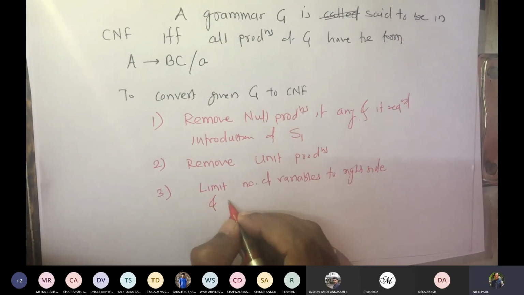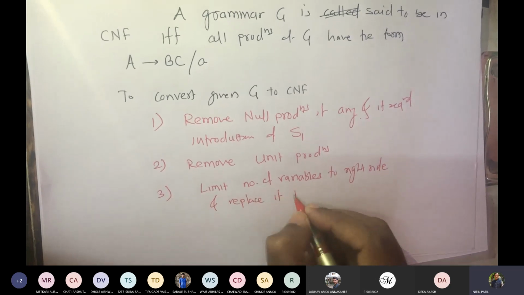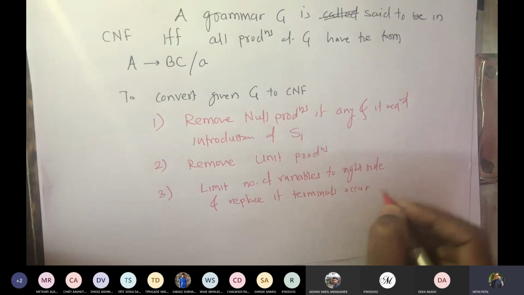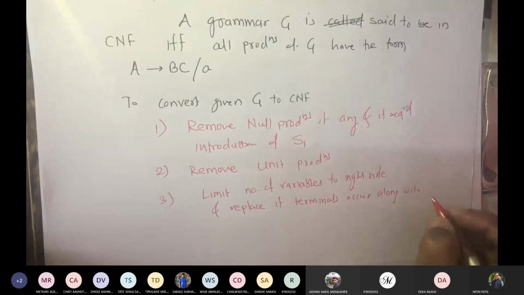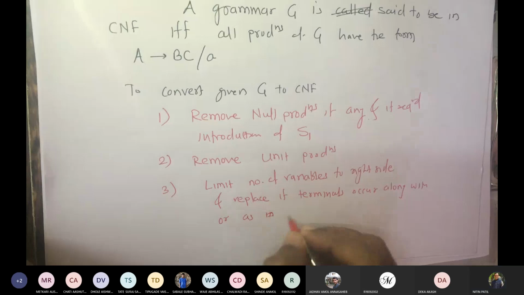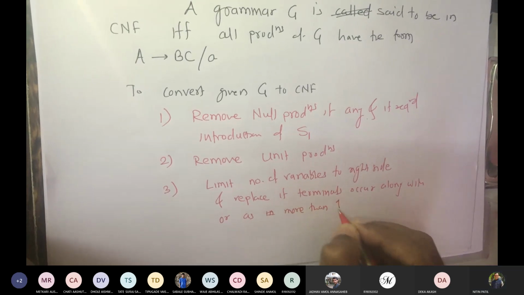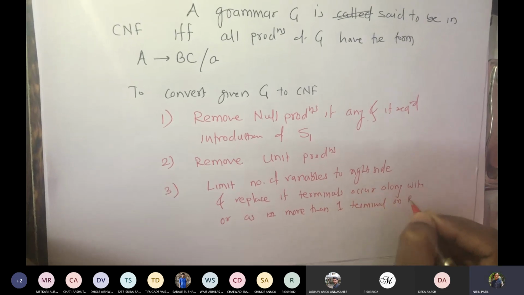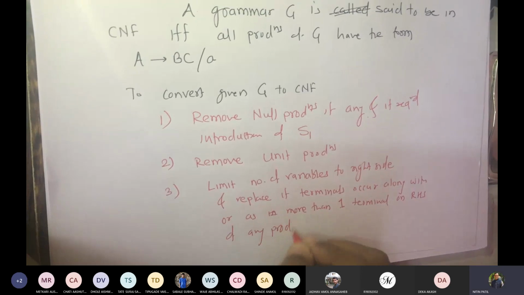And replace terminals if they occur along with variables, or as more than one terminal, on the RHS of any production.